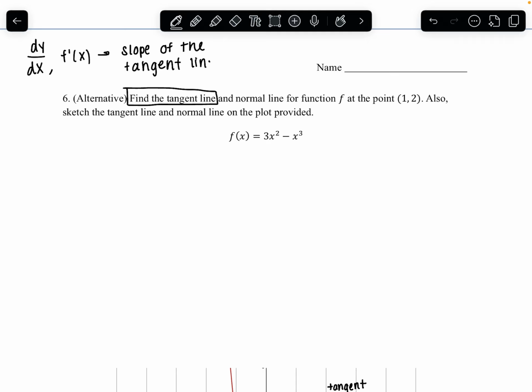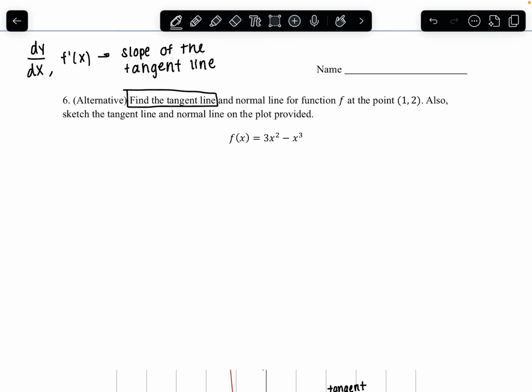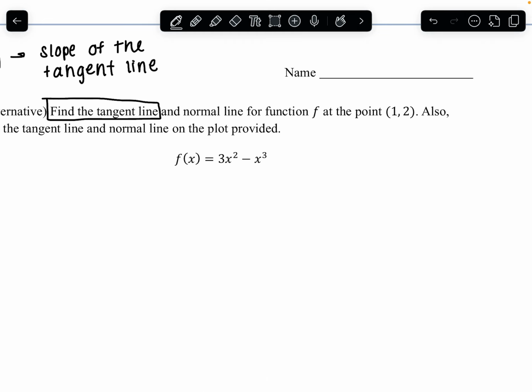Those are two directly related concepts, the derivative and the slope of the tangent line. So step one is to get the derivative.